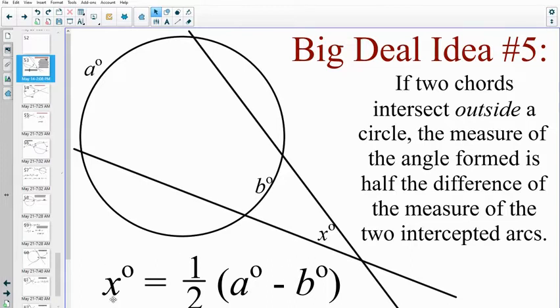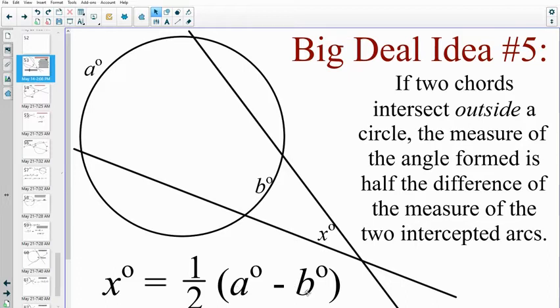My formula is almost the same thing, except instead of arc A plus arc B, it's minus. Instead of the sum, it's the difference. Instead of adding them and dividing by 2, I'm subtracting and dividing by 2. Everything else is going to be exactly the same today.